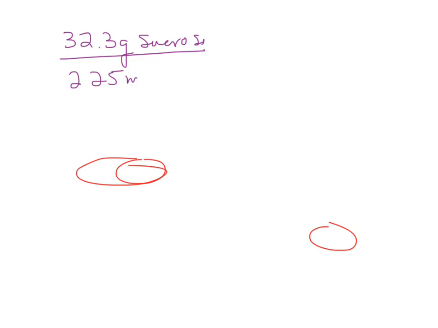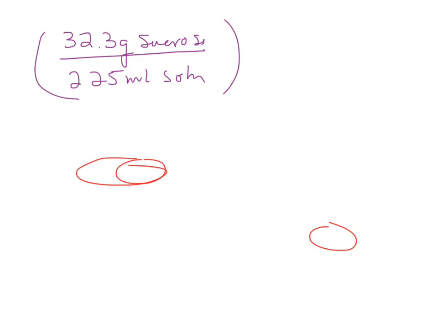To get molarity, to get moles per liter, I would put the grams, the 32.3 grams of sucrose, I would probably put that over the solution volume, 225 milliliters solution.